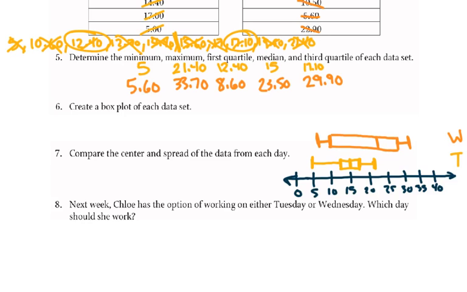So, compare the center. Well, Wednesday's median is much higher than Tuesday's median, right? And that means the middle of our data, right? So, half of our data is here, and the other half here, compared to half your data here and the other half here. So Wednesday has a much higher spread, much higher variability, okay?